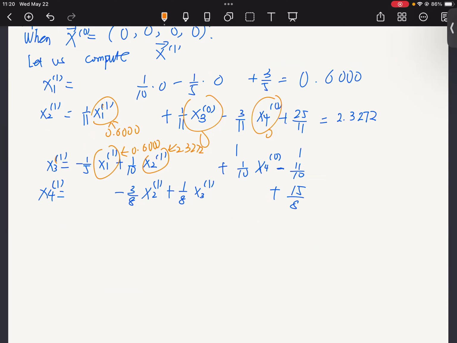So this one is 0. And let's see x21, which is from the second equation, and this one is just 2.3272. And this part I haven't calculated yet, sorry.